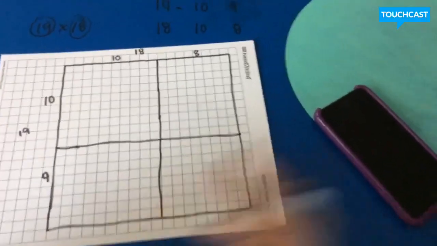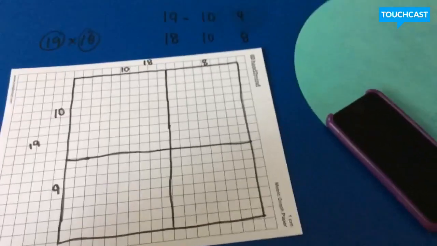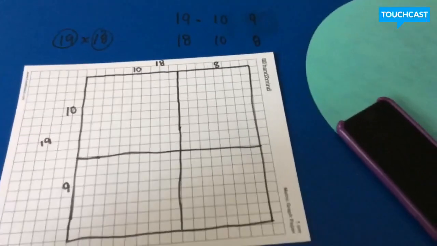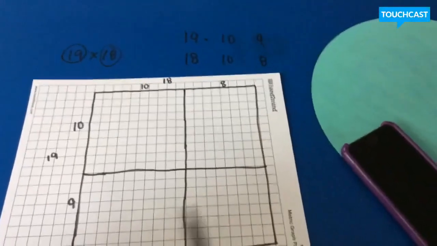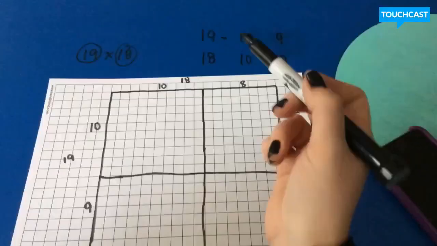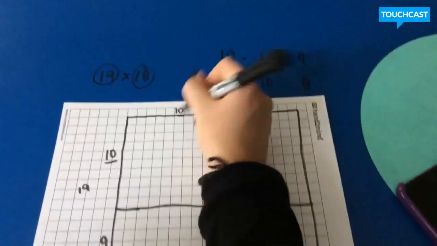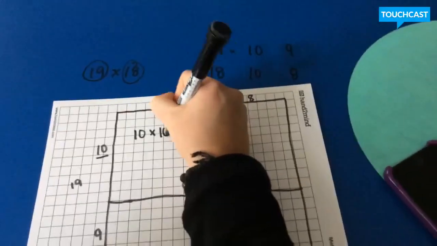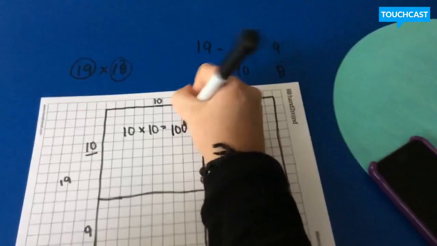Okay, now what I'm going to do is I am going to have my 4 different rectangles and I'm going to find my products for those. So I'm going to do 10 times 10 in this box, which is 100.